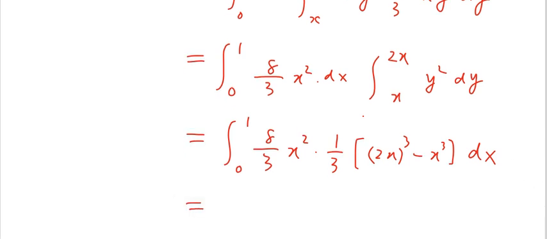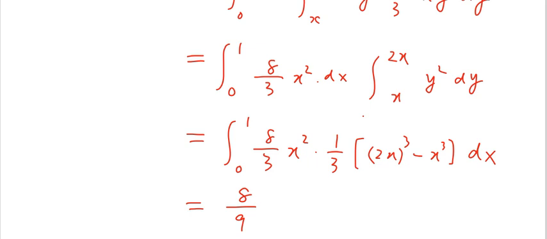We can put the constants together, 8 over 9, and here 2x cubed is 8x cubed minus 1x cubed is 7x cubed.